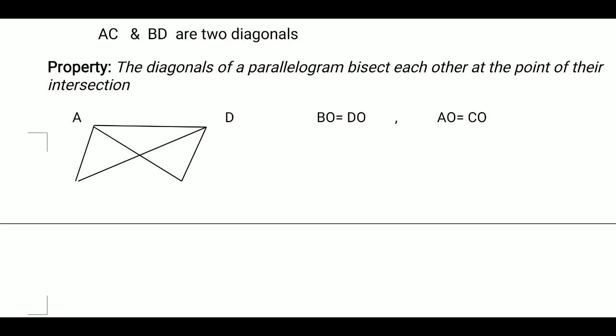It will divide the diagonals in two equal parts.